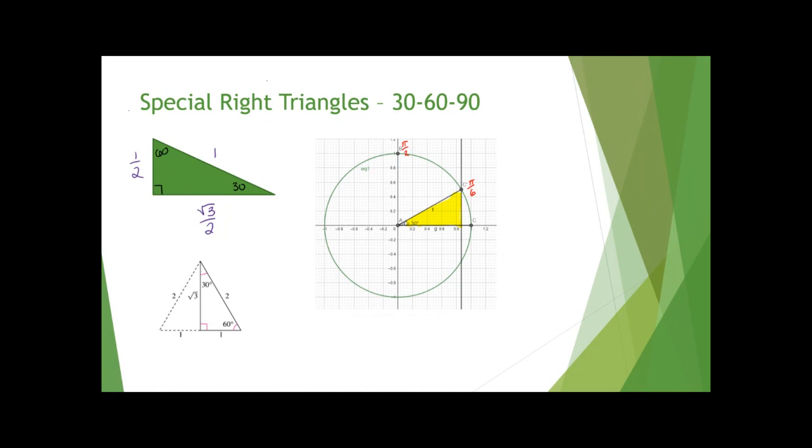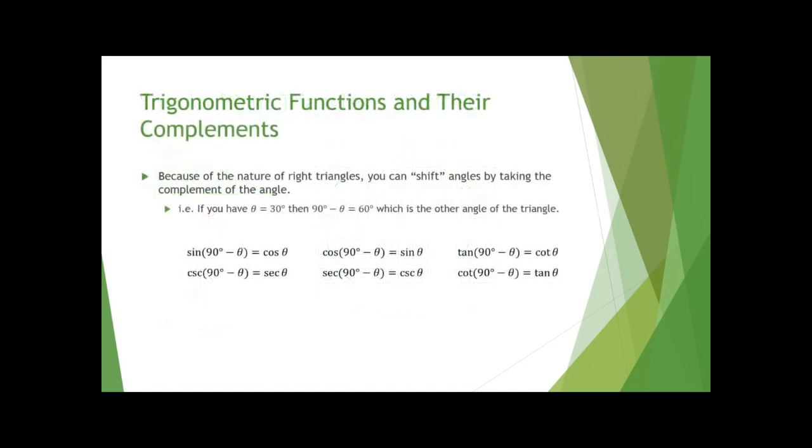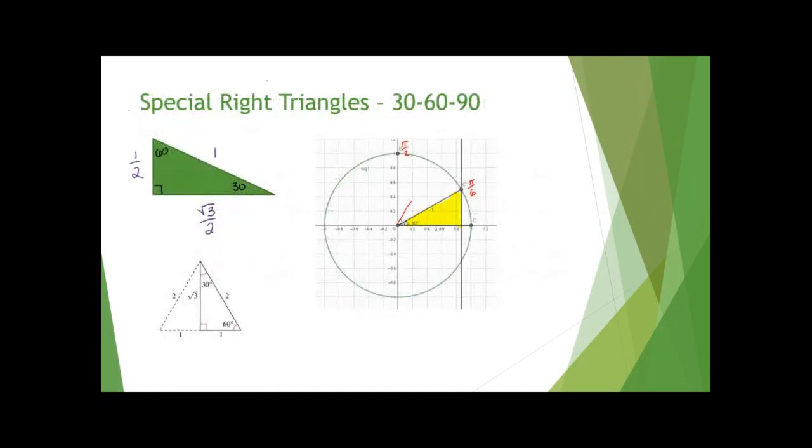If I had a 60 degree angle, it is roughly there, and that would be pi over 3. The way I think about it is 60 degrees has pi over 3, 30 degrees pi over 6. The denominator is opposite of the number that you have in your degree.